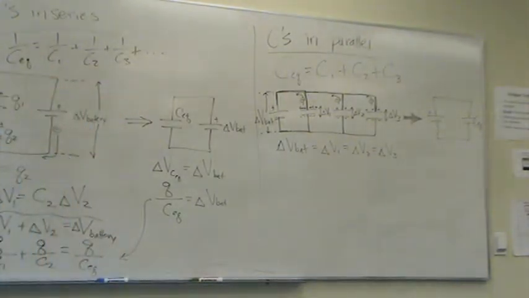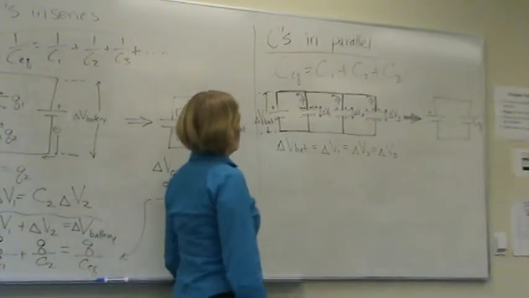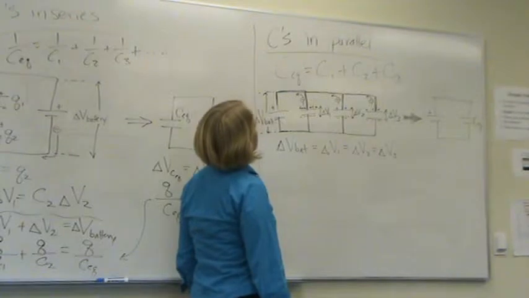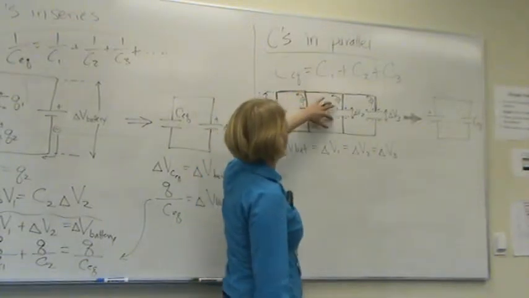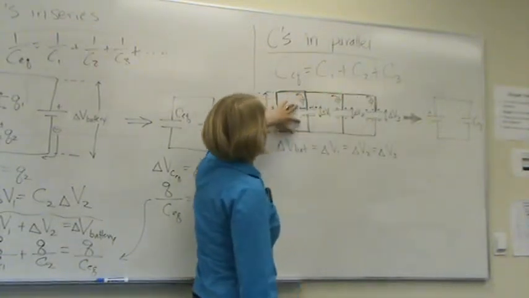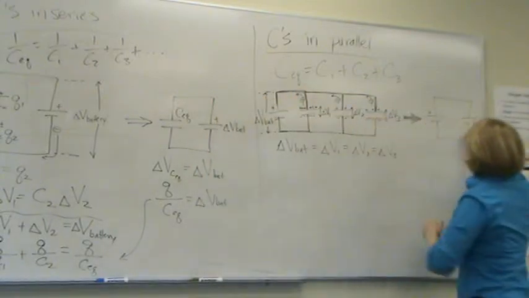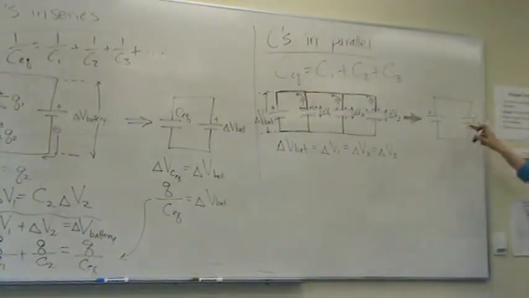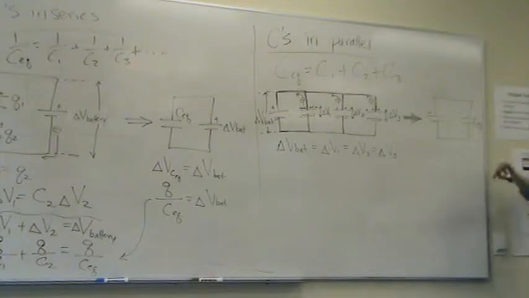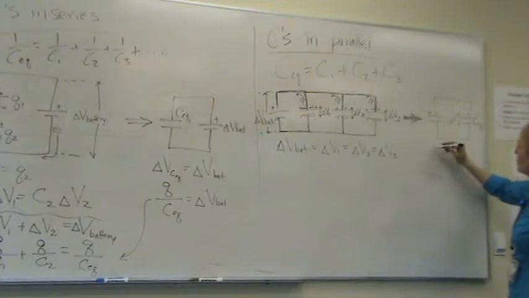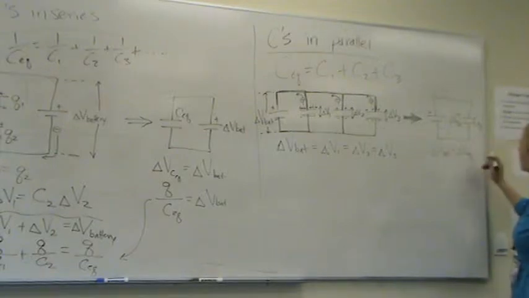Okay, that's how we do it. So the thing that is changing, we see, is the charge on each of these plates. So if we have our equivalent capacitor that could be replacing all 3 of these capacitors, it's got the same delta V. So delta V battery equals delta V of the equivalent capacitor.